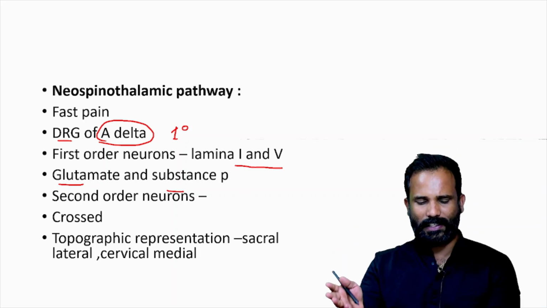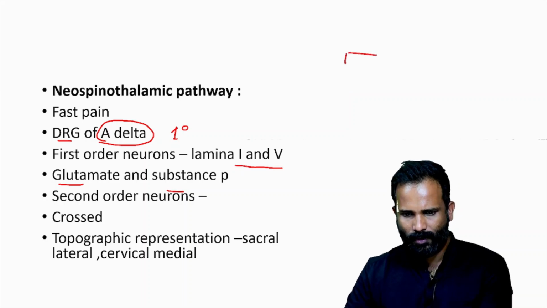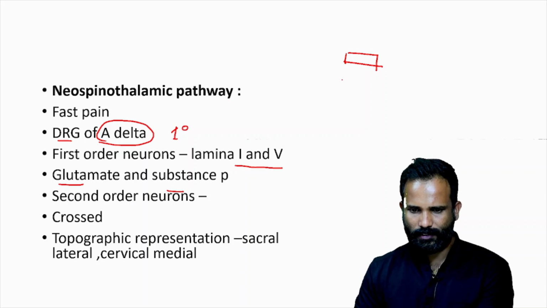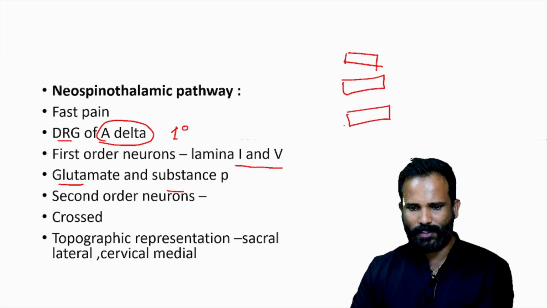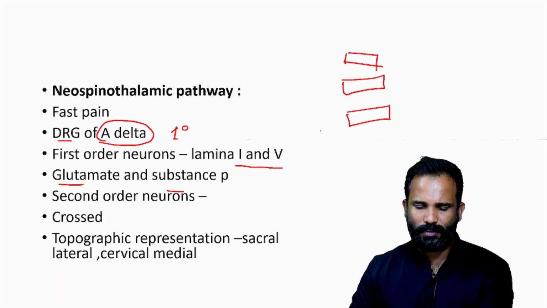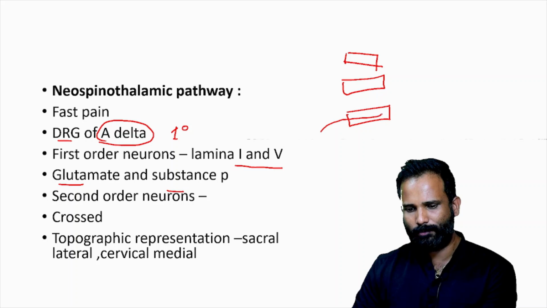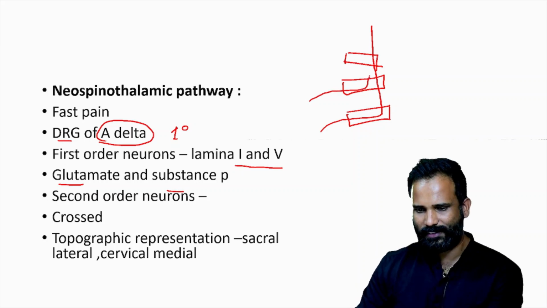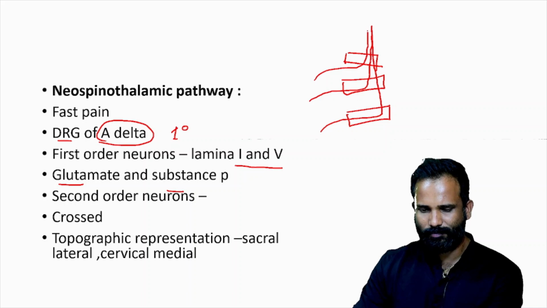and from there to the sensory cortex. And for the topographic representation, let us think that this is the cervical segment, this is the thoracic segment and this is the lumbar segment. So let us think that this is the lateral spinothalamic tract of the lumbar segment, which crosses to the opposite side and goes laterally, and the thoracic ascends medial to that, and the cervical ascends still more medial.